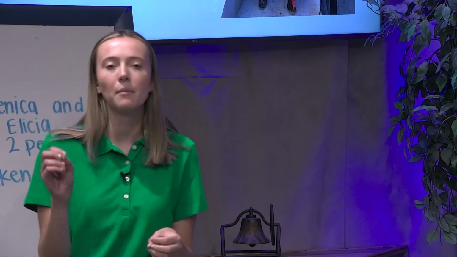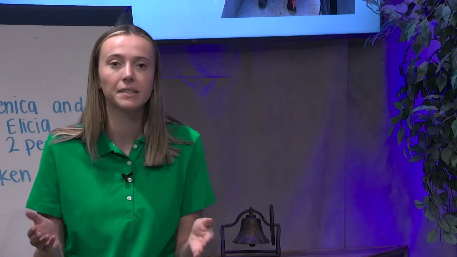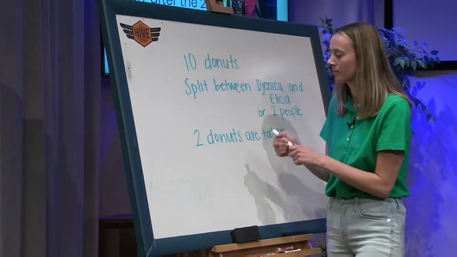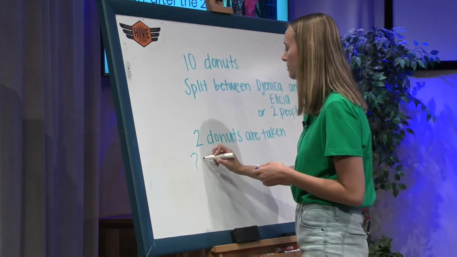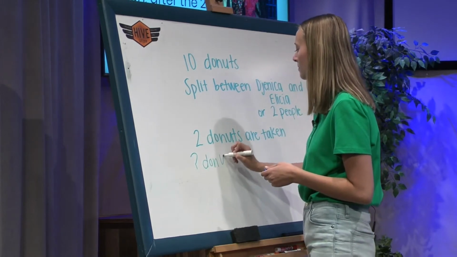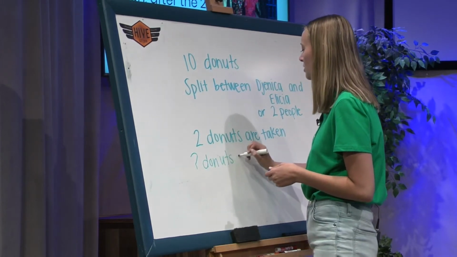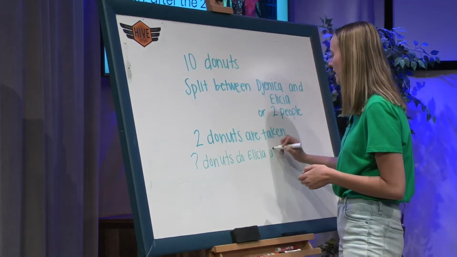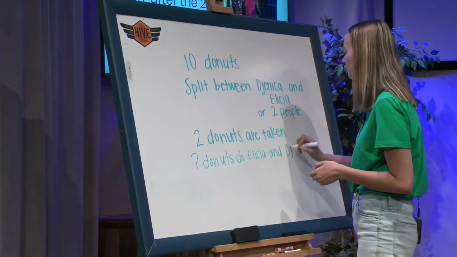So we want to know how many donuts each of the girls get after they're taken. So let's write that down. How many donuts do Alicia and Jenica get each?